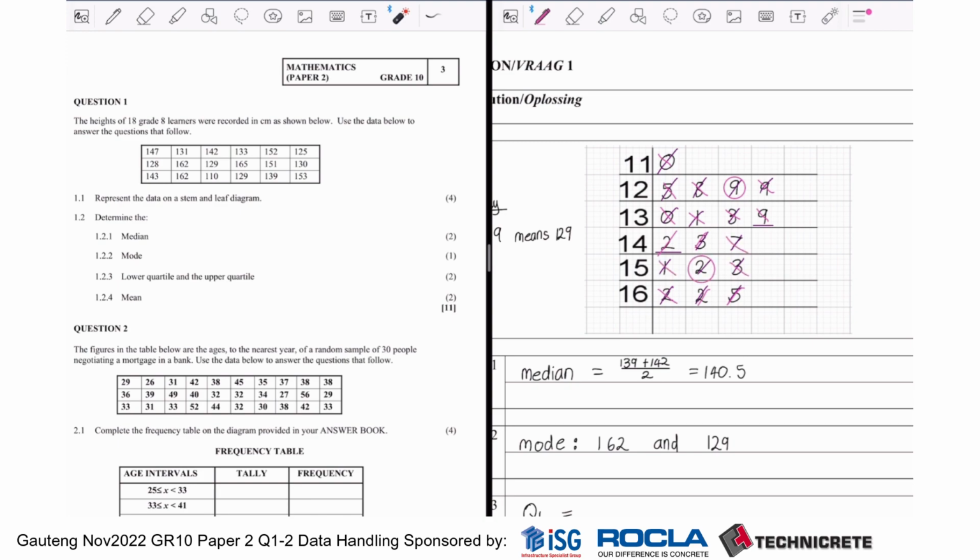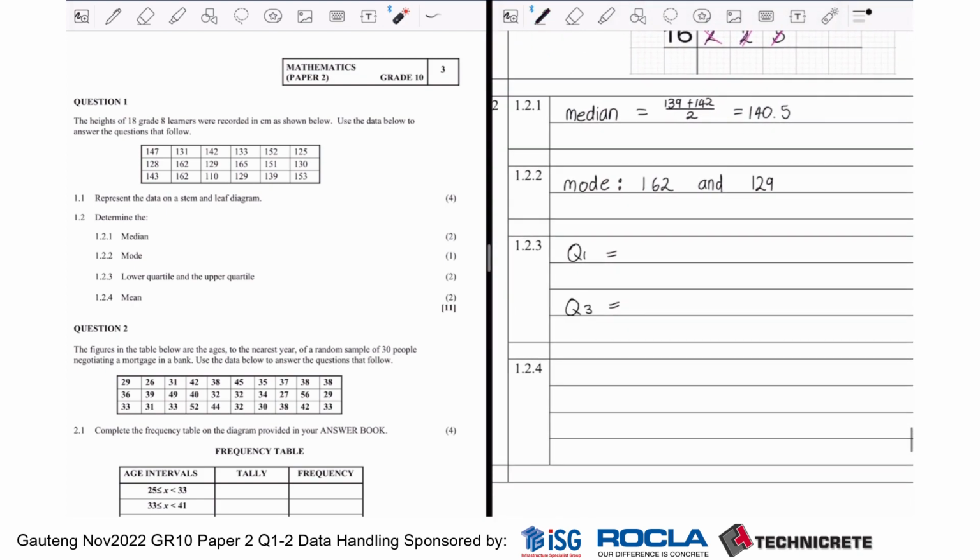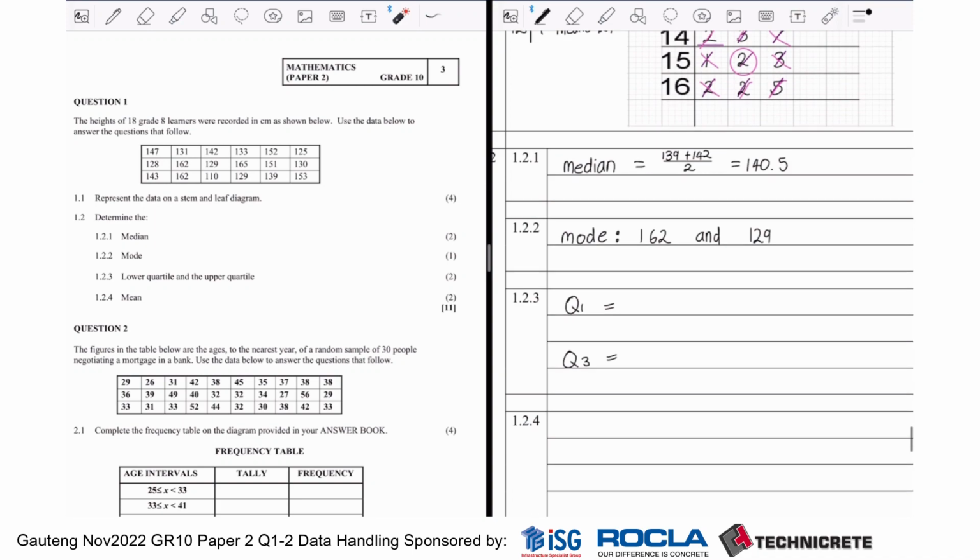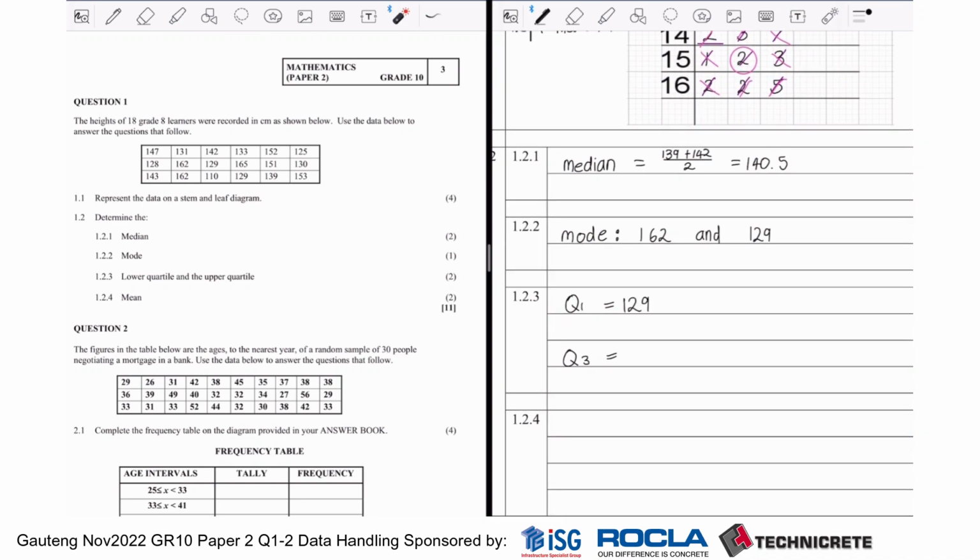And I find that one to be 152. So my Q1 was 129, and my Q3 is 152.